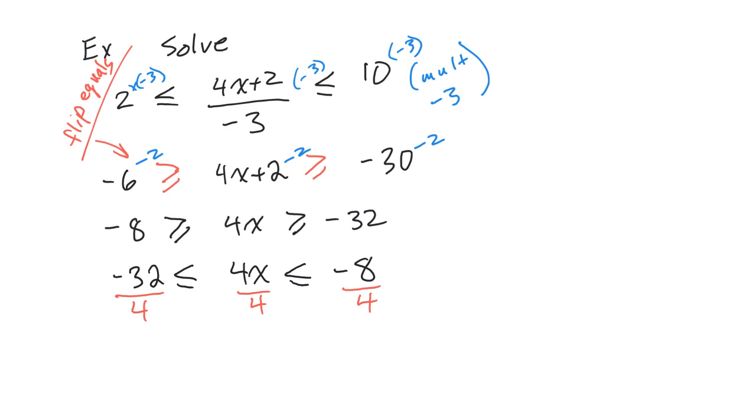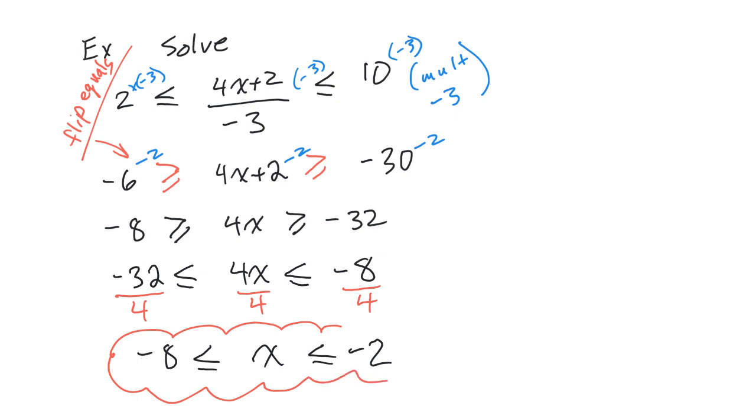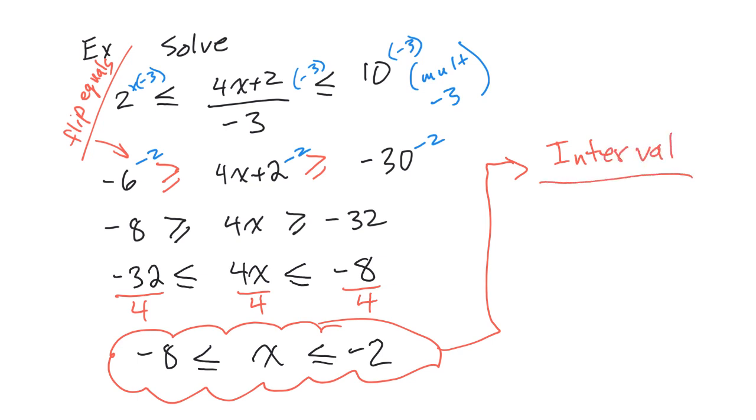So we end up with negative 8 is less than or equal to x, which is less than or equal to negative 2. And we're done. So you could literally say that this is your solution, or if you say this in interval notation, you would say the solution is.